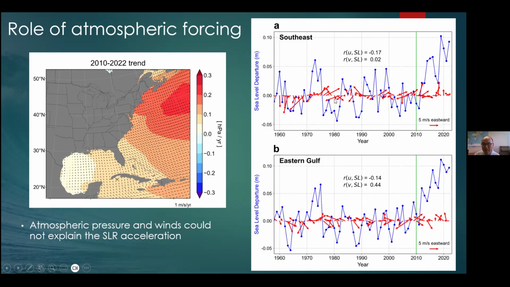So we plot the wind together with the coastal sea level. There is a weak correlation between the local wind and the coastal sea level. So both the local wind and the pressure are not the major driver of the acceleration.